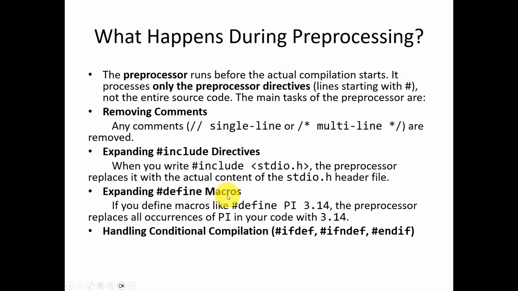In this example, preprocessing will replace every occurrence of the macro PI with the value stored by it, namely 3.14. It also handles other directives such as conditional compilation directives. You have a few examples of it here.